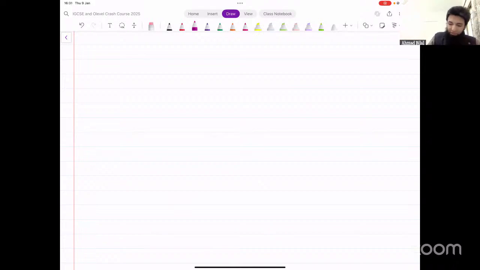For instance, if you have something like this, if you have minus 4 squared, now what should that give you? Minus 4 squared. What should this result in? Any idea?